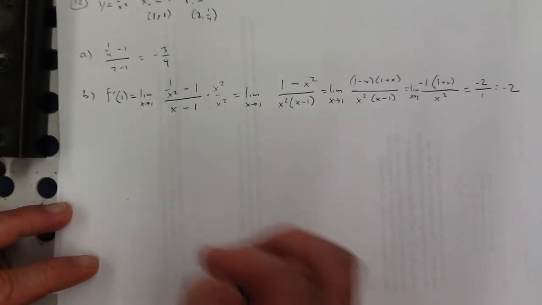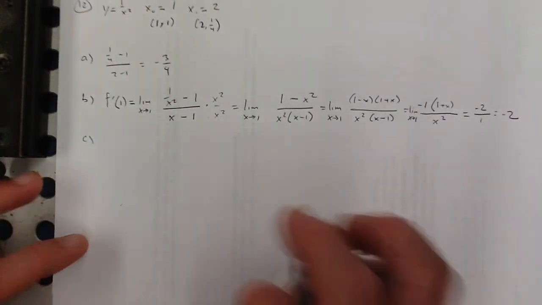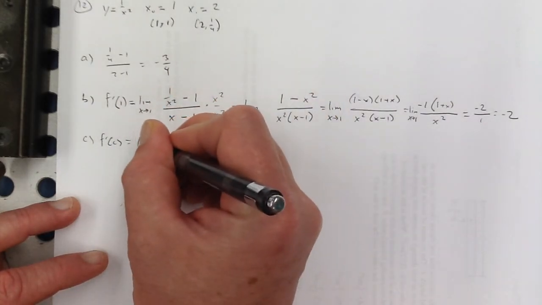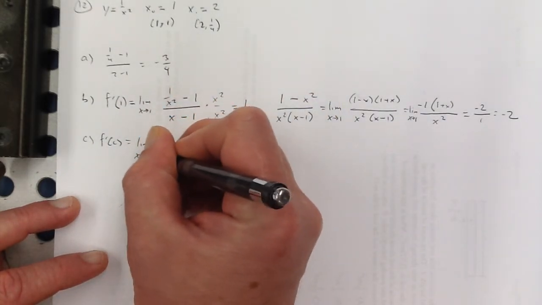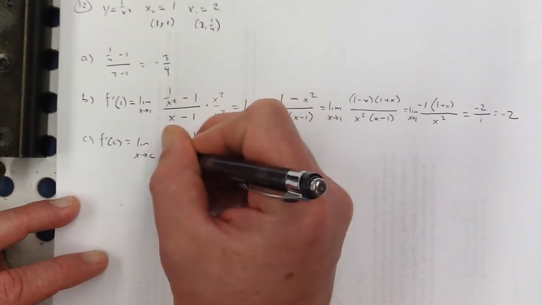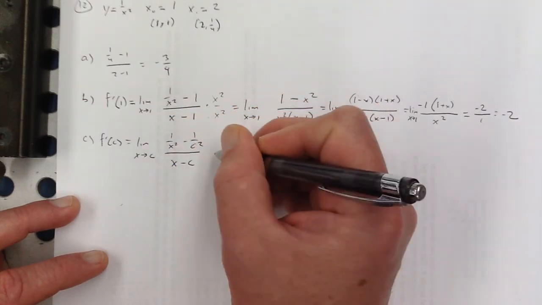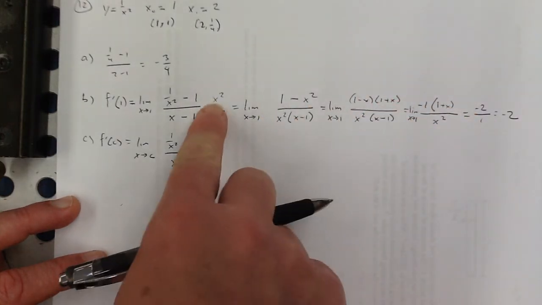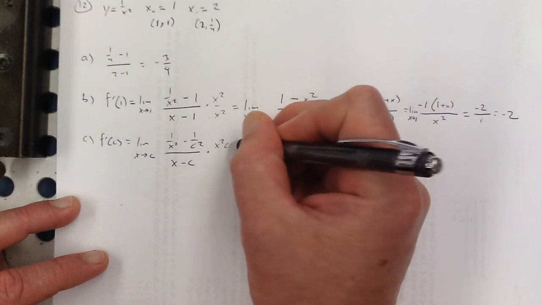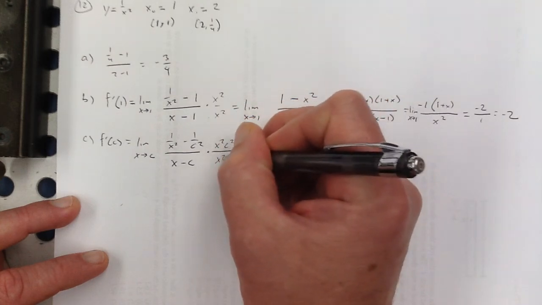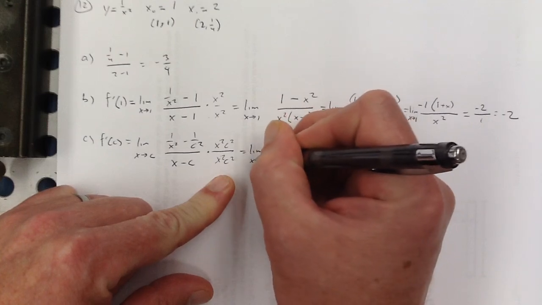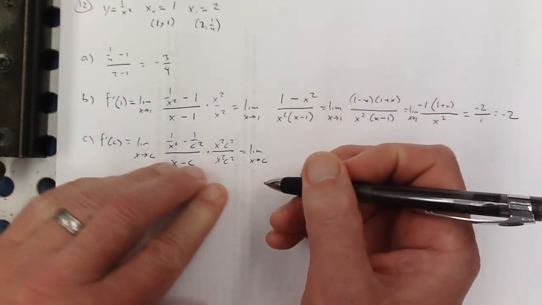Now, we want to do the same thing, but for our value just generically as c. So all the same algebra should feel like doing the same thing, except just plugging c in. And if I was going to do it this way, I would have to multiply the top and the bottom by x squared c squared. Alright, so let's see.